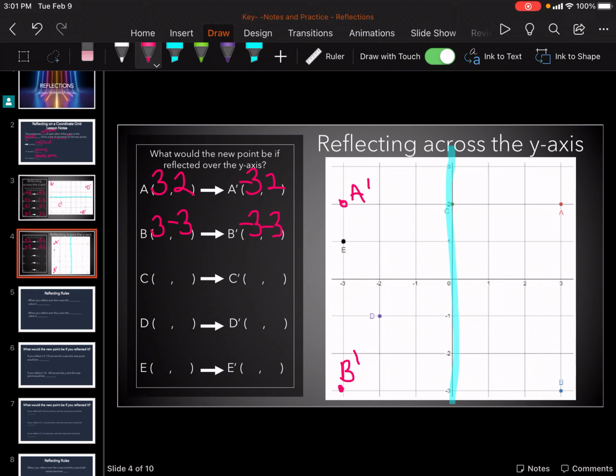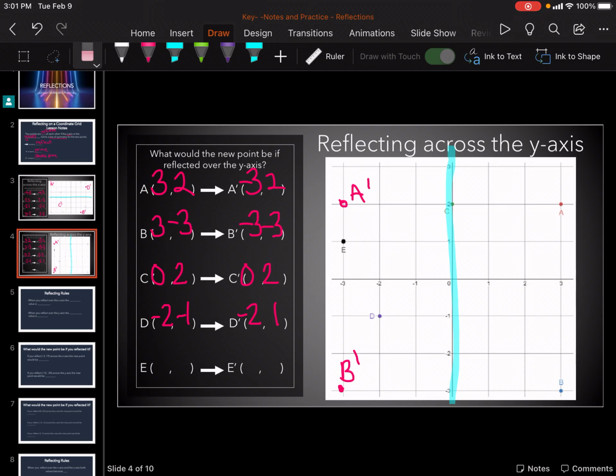C is on that y-axis at 0, 2. Since it's on the y-axis, it's going to stick with 0, 2 because it can't reflect. If I did over the x, then it would. D is -2, -1. It's going to reflect up here, so that's D prime. Oh, nope, we're going over the y.